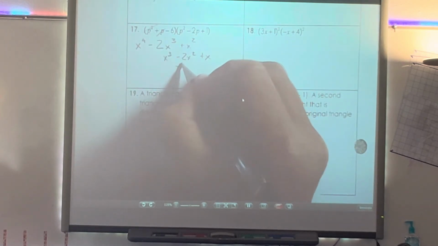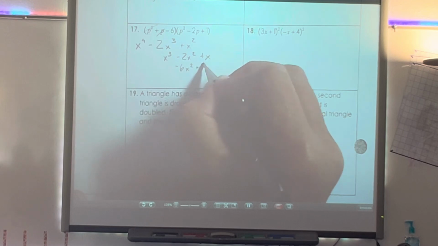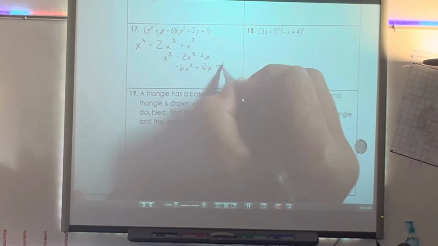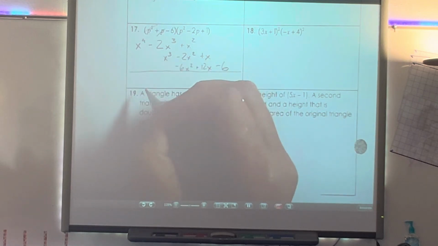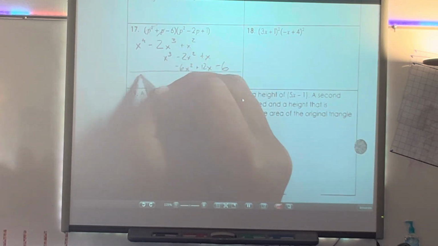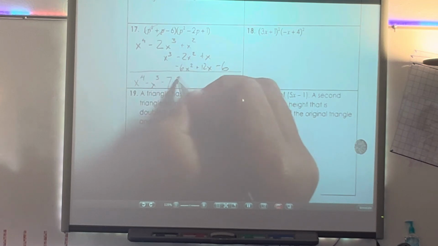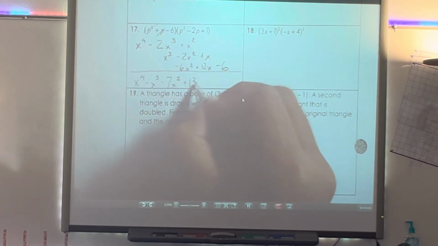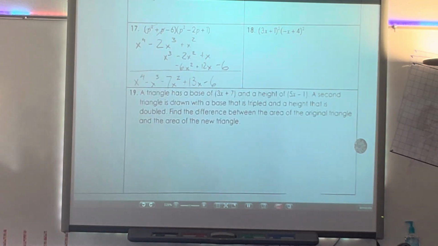And negative 6x squared plus 12x minus 6, and then I have x to the 4. Y'all get what I got?